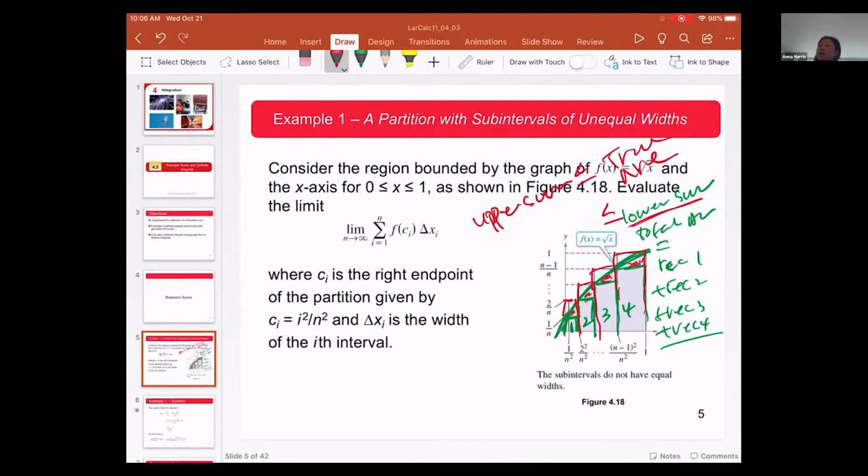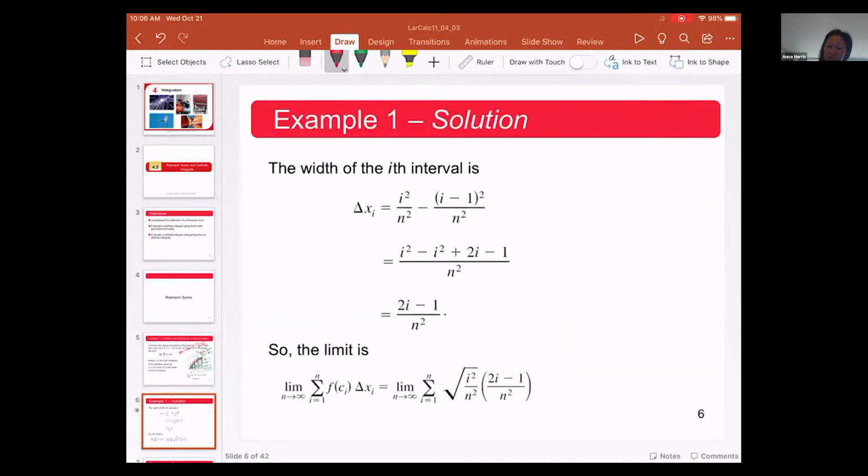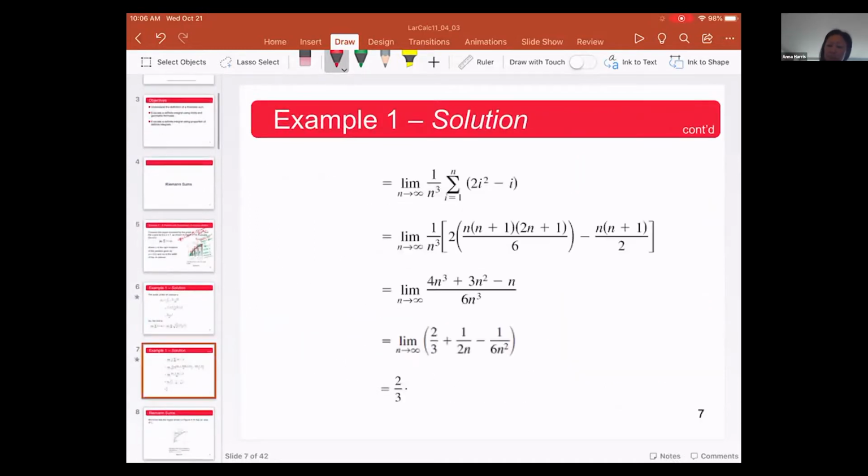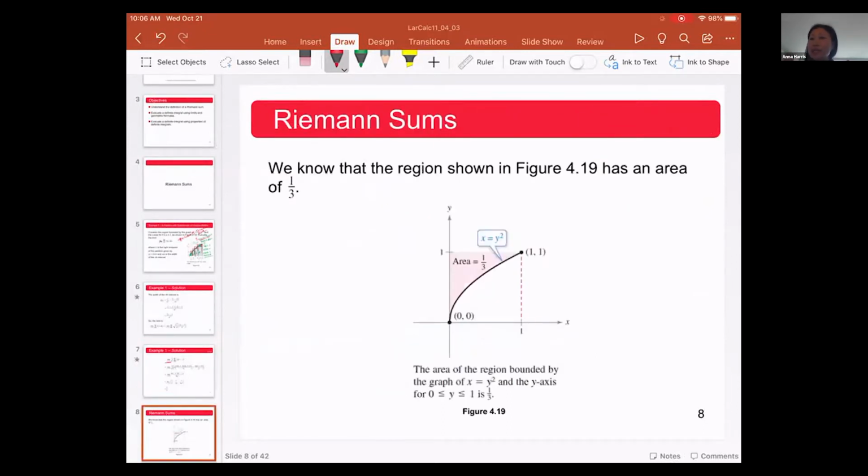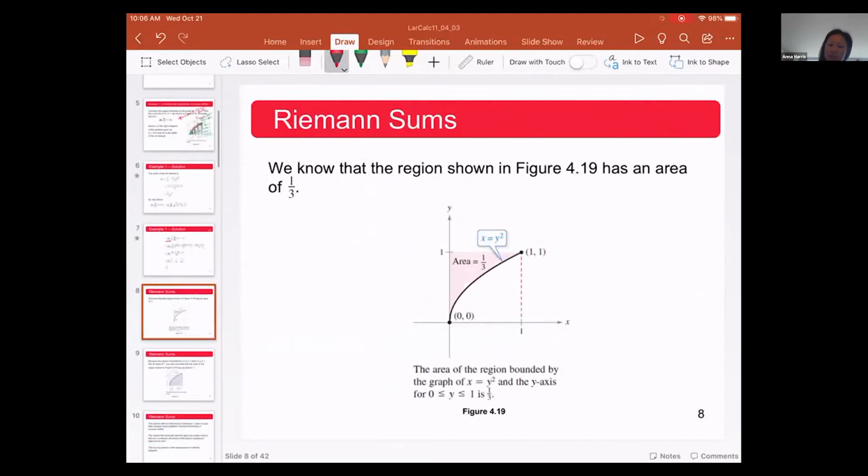Okay, so if I draw more rectangles, your area gets better and better. All right. So this is what they're doing. How about I take a limit, which means I'm going to have many rectangles that will give you a better estimate. All right.